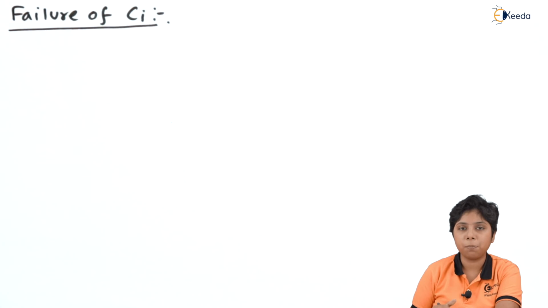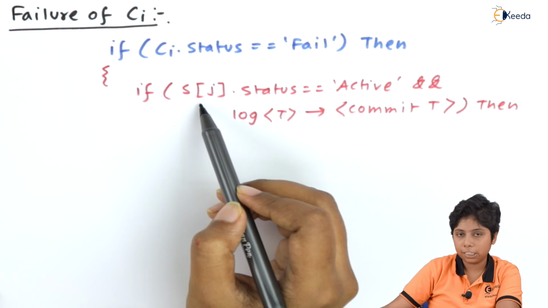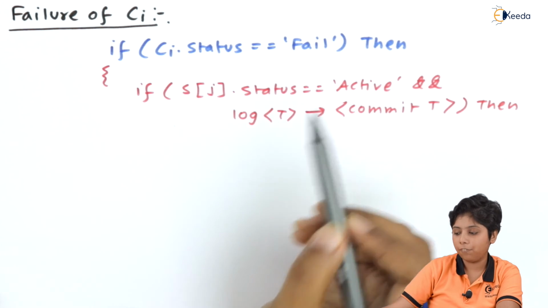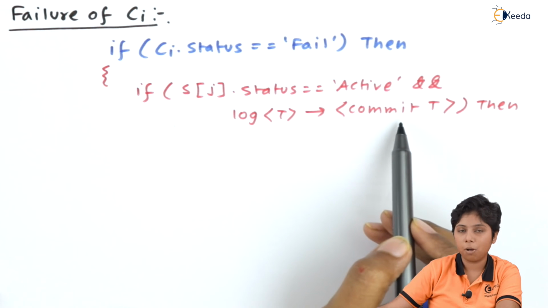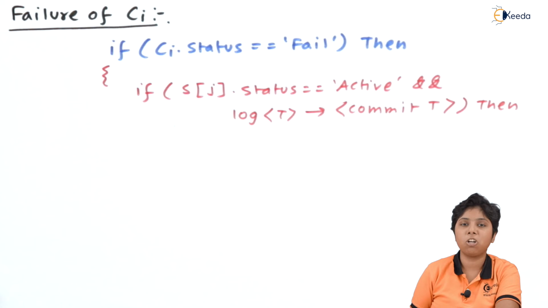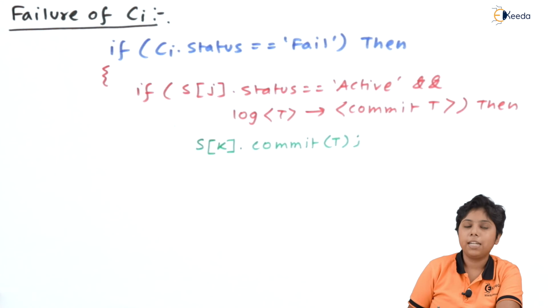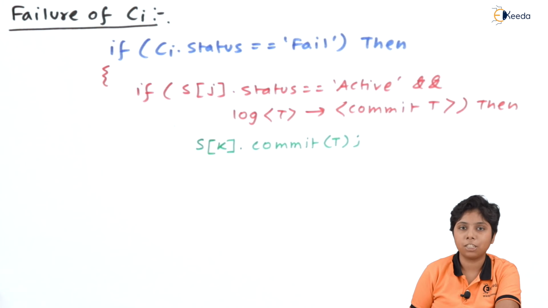Then each of the participating sites must decide the fate of the transaction T. So the transaction will be decided as committed or aborted by each of the participating sites. Say any of these Sj is active, that means the participating site is active and its log contains commit T. Then the transaction must be committed by that participating site. Now if it is active and the log has not a commit but an abort T, then the transaction needs to be undone or aborted by this site.